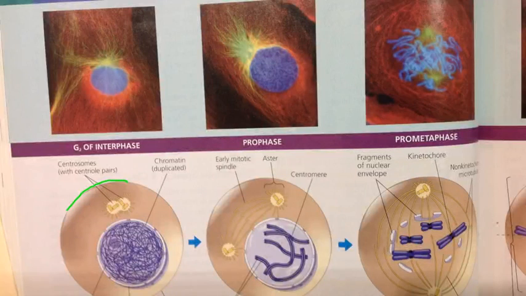Okay, so every cell is going through interphase where the DNA, which is all in here, it looks really messy. So the DNA during interphase is going through its normal processes of growing and cellular respiration and what have you.